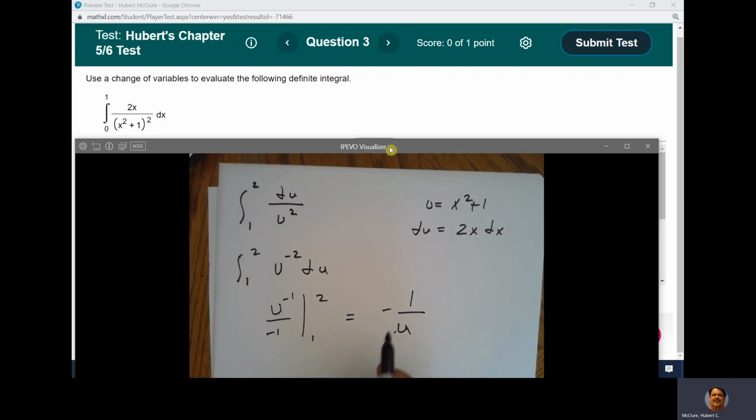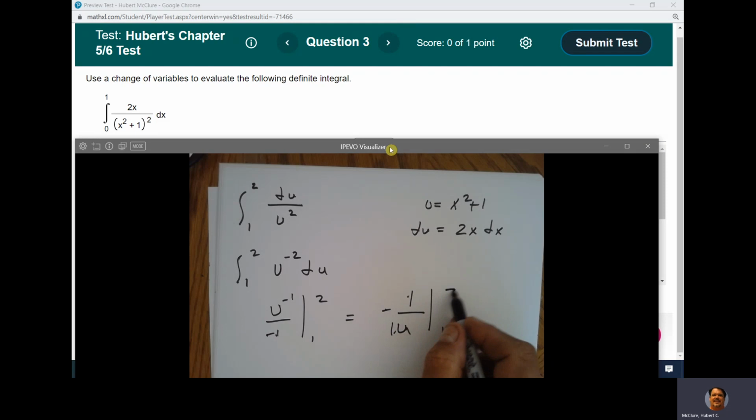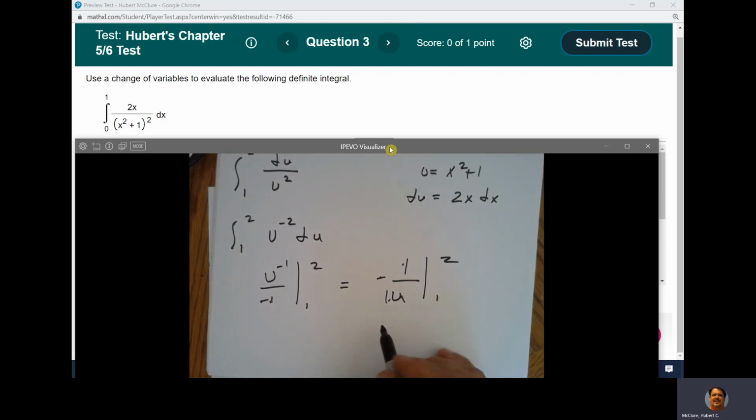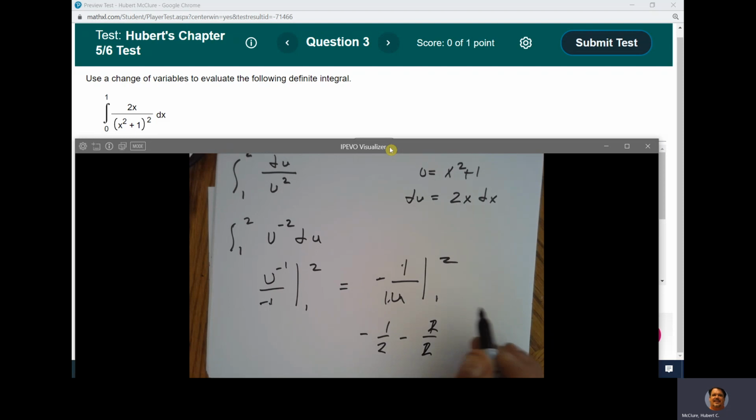That negative goes right here. There's the 1. There's the 1. Evaluated at 1 and 2. And that looks like negative 1/2 minus 1 over 1. So 1 minus 2 over 2. Negative 3 over 2, it looks like.